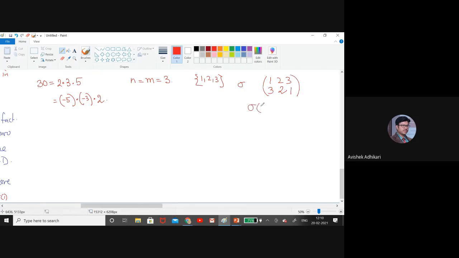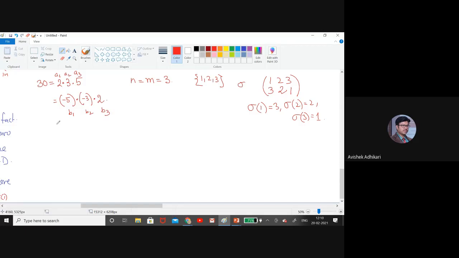That means sigma of 1 equal to 3, sigma of 2 equal to 2, and sigma of 3 equal to 1. So this is my A1, A2, A3, and this is my B1, B2, B3.